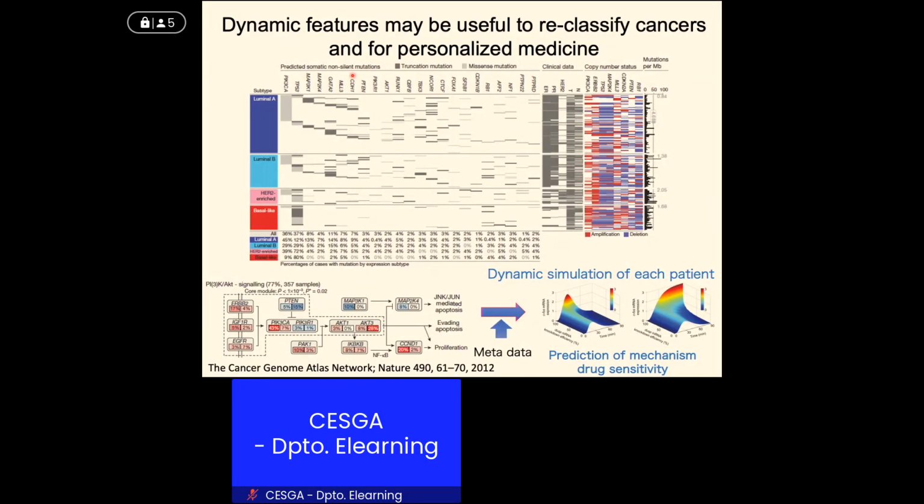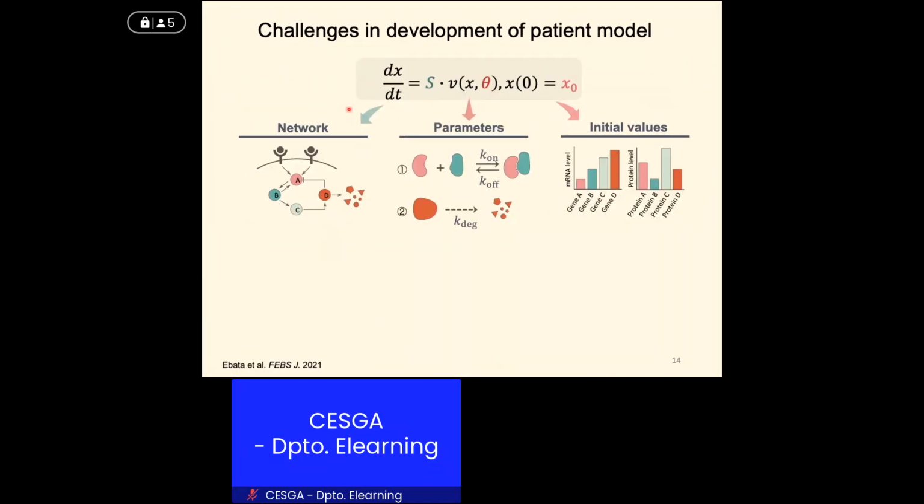And maybe we can find another way to reclassify the patients using this dynamics. Actually, breast cancer has a lot of mutations or copy number variations in the signaling pathway, and this causes drug resistance to normal chemotherapy. So we tried this problem.